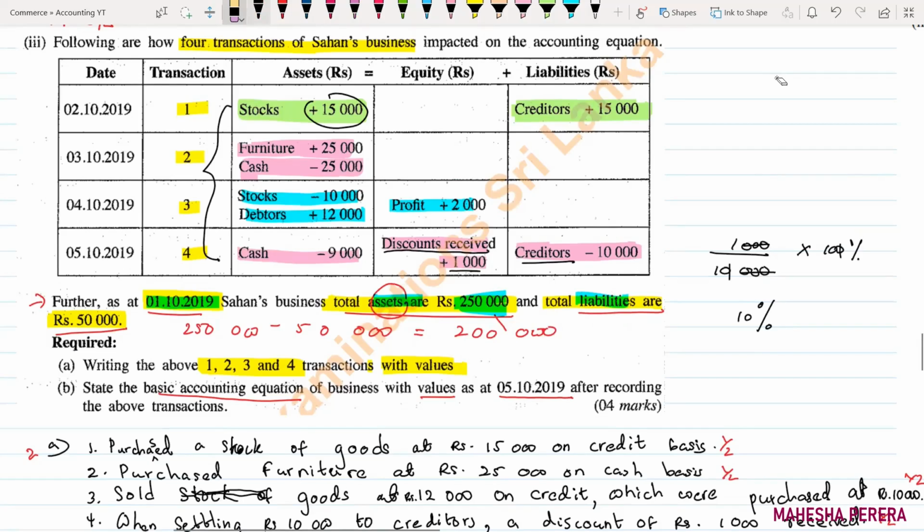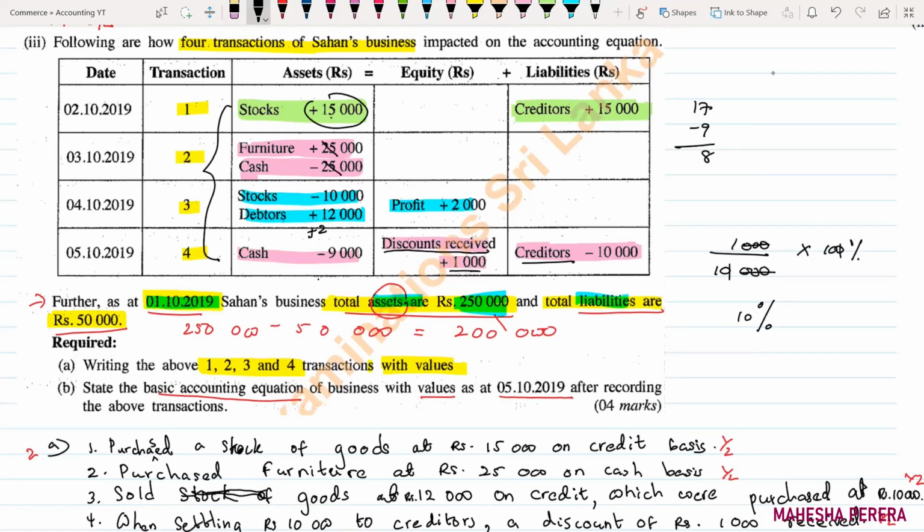Now how much is the asset net value? Plus 15. Now if you consider this plus 25 minus 25, you can cancel now, right? Minus 10 plus 12 means it's plus 2, right? Plus 2. So plus 15 plus 2 means plus 17. And minus 9 means how much? 8, right?